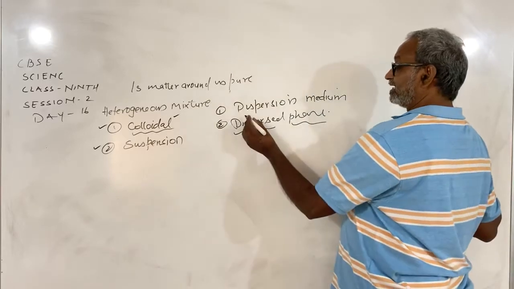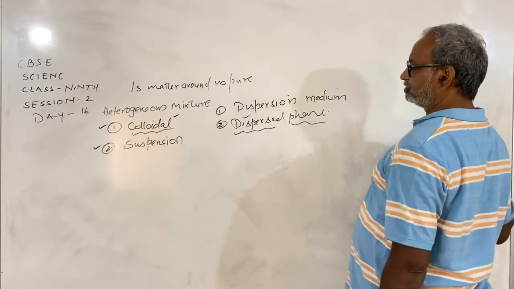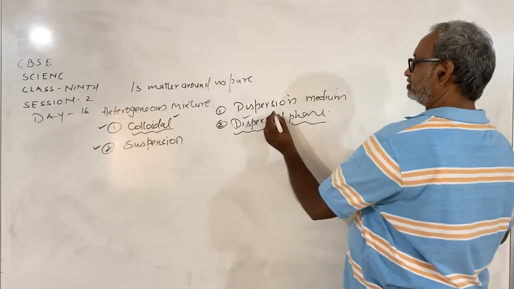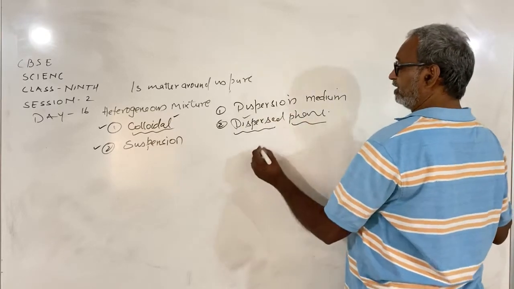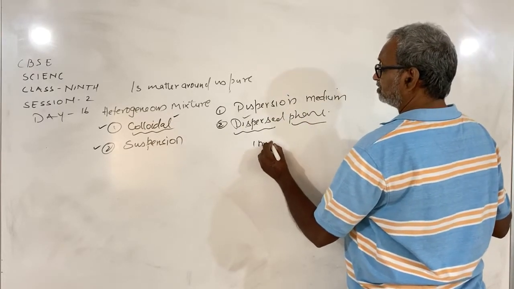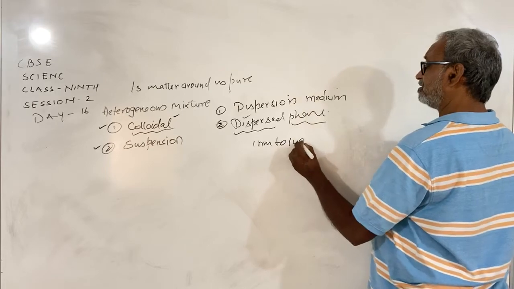The particle size of the dispersed phase is between 1 nanometer to 100 nanometer.